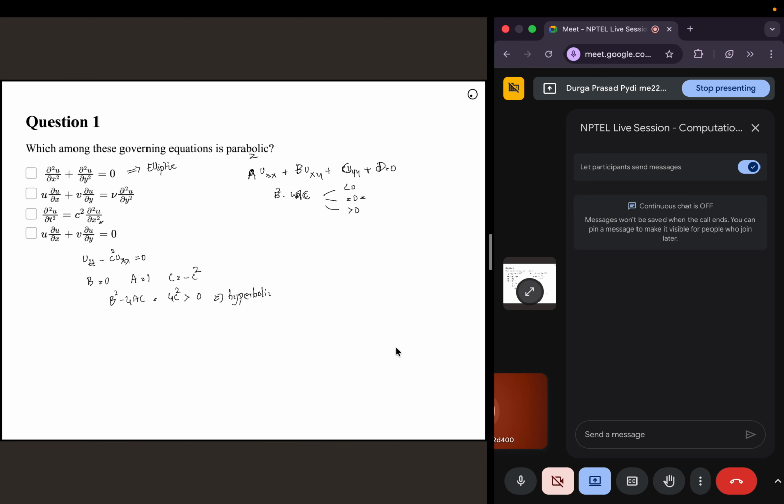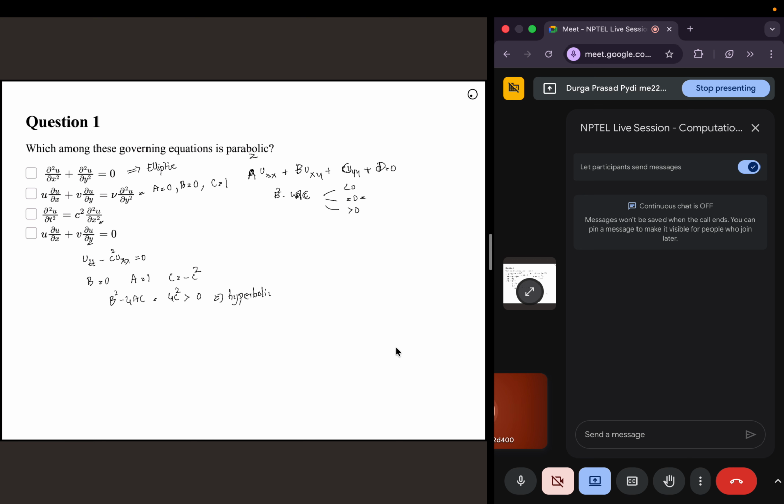Now if you similarly do for the other equations, this doesn't have a second order term at all. So a, b, c all are 0. And then what we have is this equation where a equals to, let's say, nu. There is no xy term, and then we have 1.